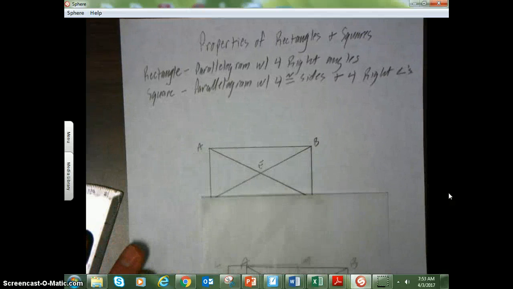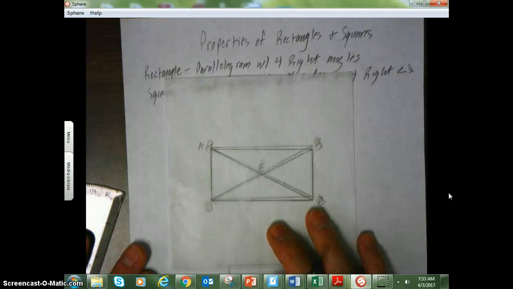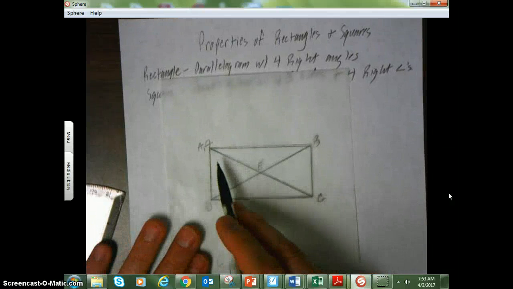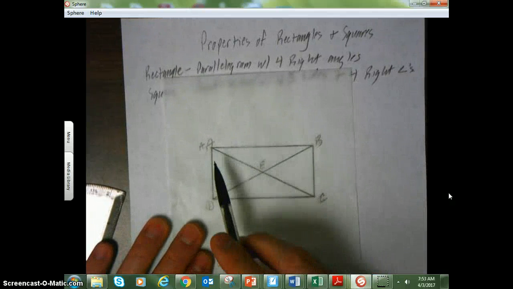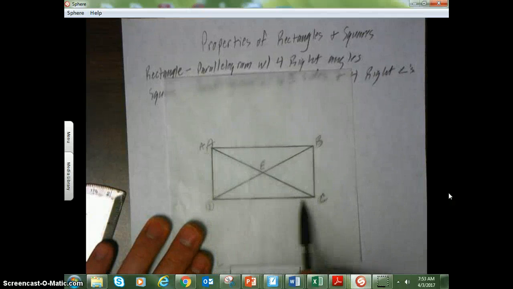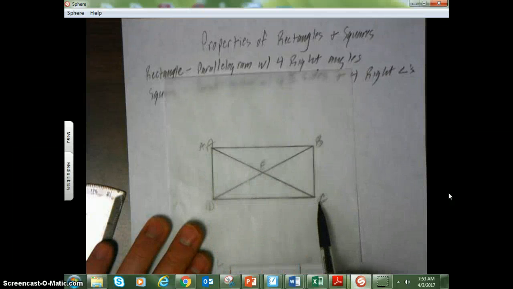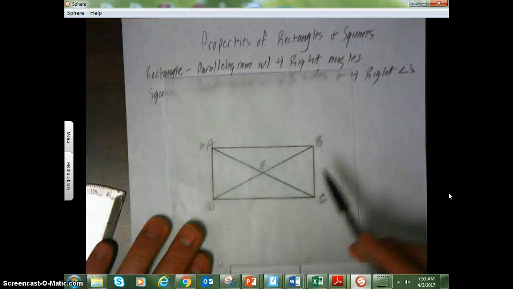So the diagonals do bisect each other, but what about the diagonal lengths themselves? Because essentially what we're looking at, like I said, is four right angles. So this is a leg of a right triangle, this is a leg of a right triangle. So segment AC has to be its hypotenuse.